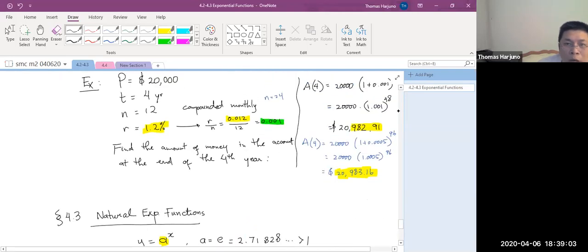Let's say I'm the bank, and I compound it monthly, and you say, can you compound it every 2 weeks? I say, I don't mind, I compound it every 2 weeks. Then you get extra how many dollars? Let me tell you, you get extra 25 cents, right? Then somebody else comes to me and says, you know what, Thomas, you are not fair.